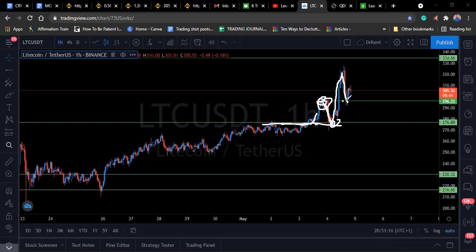Now this area is the new support. So what are we expecting price to do? To push higher and maybe break this area that is resistance, go up, maybe come back and retest it, then if there's enough buying power, shoot up again. Now that is how support and resistance horizontally works.